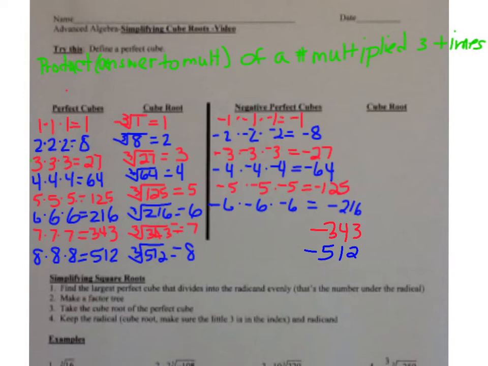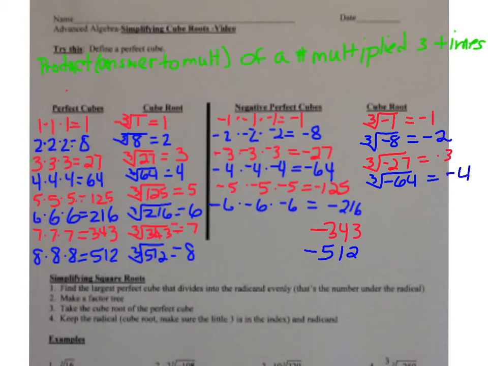Okay, so let's now put the cube roots down. The cube root of negative 1 is negative 1. The cube root of negative 8 is negative 2. The cube root of negative 27 is negative 3. The cube root of negative 64 is negative 4. The cube root of negative 125 is negative 5.